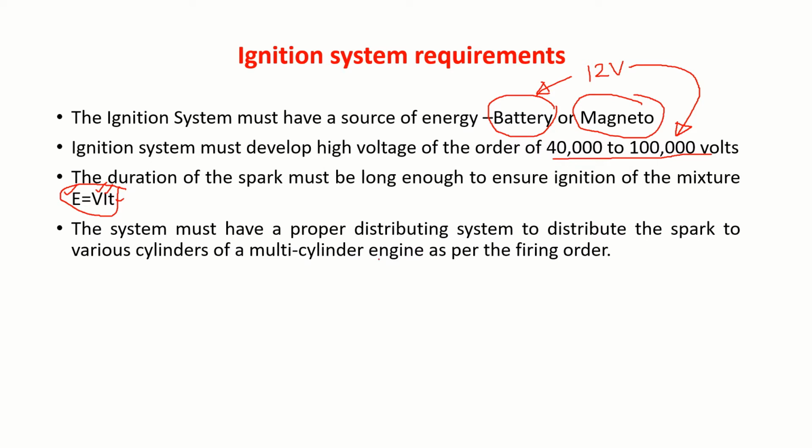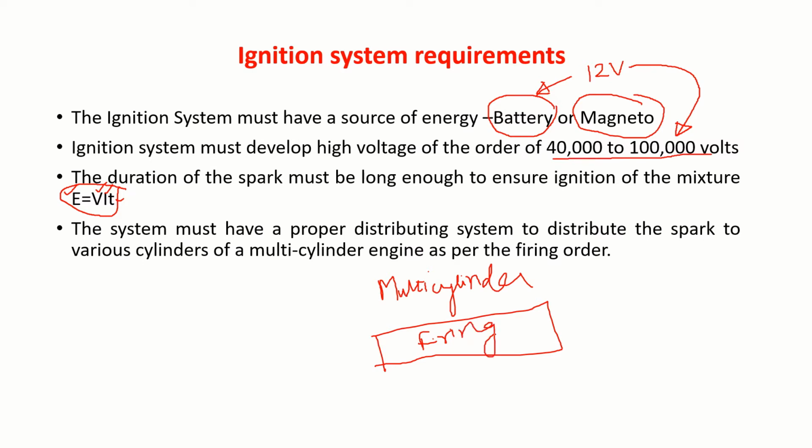And another thing is we use a multi-cylinder engine. Every multi-cylinder engine will have a firing order. So as per the firing order, a distributor arm should send the spark, or transfer the voltage, to various spark plugs.